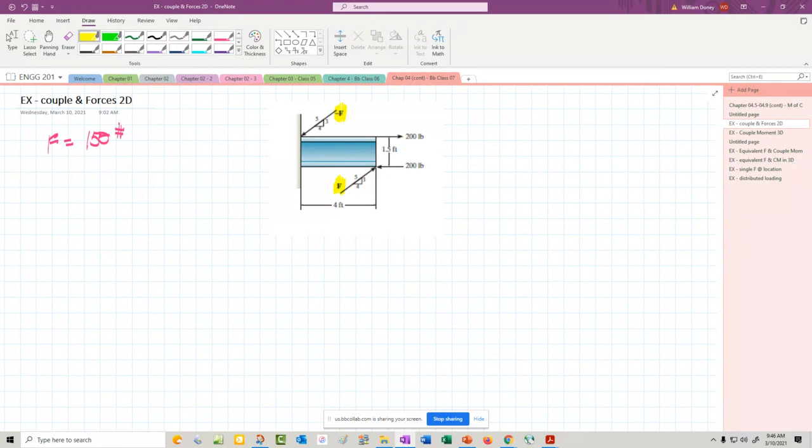The highlighted F and minus F in this drawing show that they are a couple moment, or a force couple.